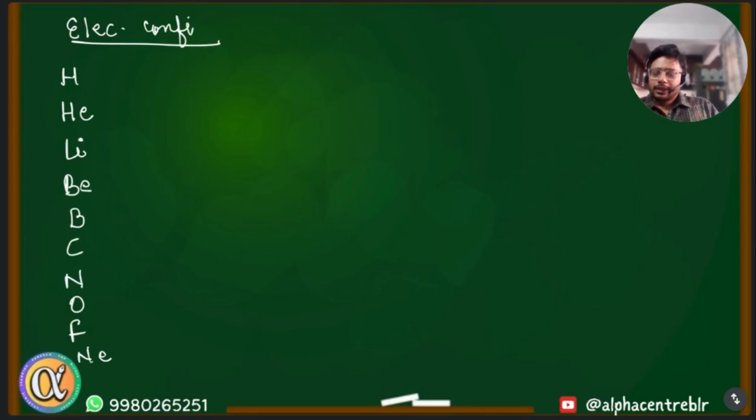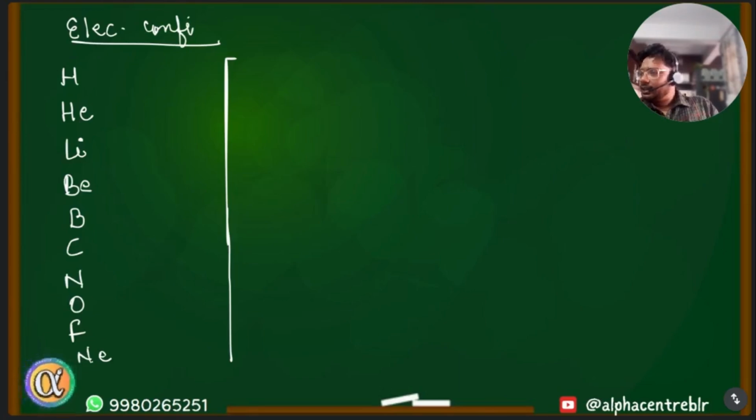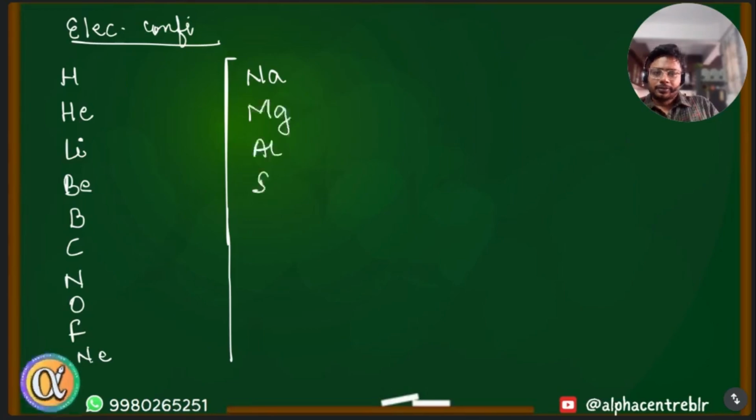The next set of elements, from 11 to 15. Let Manav try this one. Sodium, magnesium, aluminum, silicon, and phosphorus. Tananya, can you tell me the last 5? Sulfur, chlorine, argon, potassium, calcium.